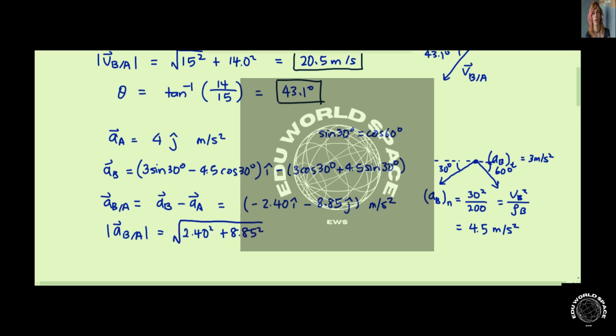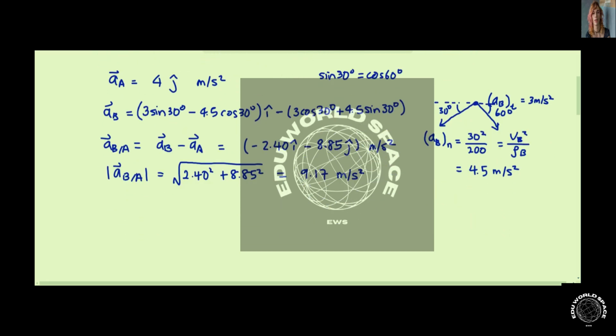You get 9.17 meters per second square, and then the direction of the relative acceleration is arctangent of the y component divided by the x component, so you get 74.8 degrees.